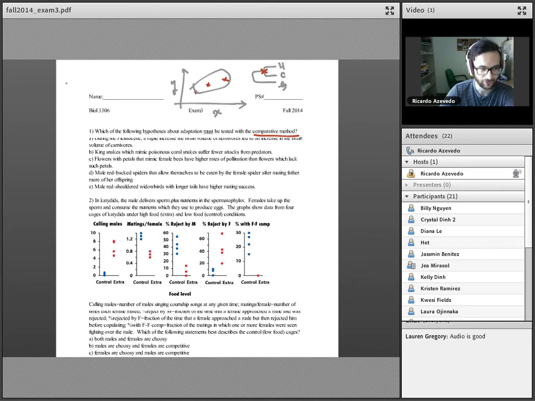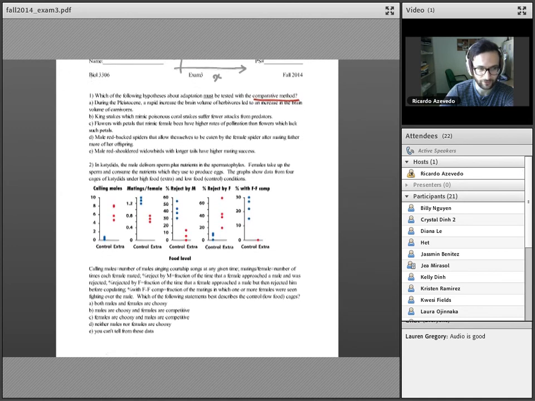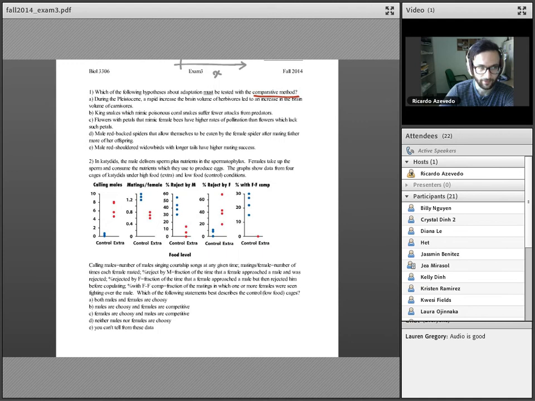Okay, so next question. It's actually a homework question, I believe. It was a homework question. But it's good to go over it because it's very much about sexual selection in general terms.